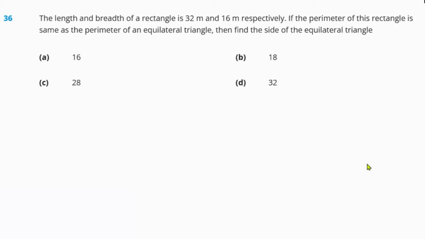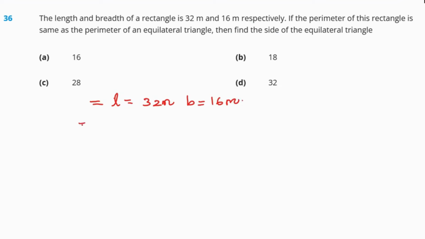If the perimeter of this rectangle is the same as the perimeter of an equilateral triangle, then find the side of the equilateral triangle. Length is 32 meter and breadth is 16 meter.